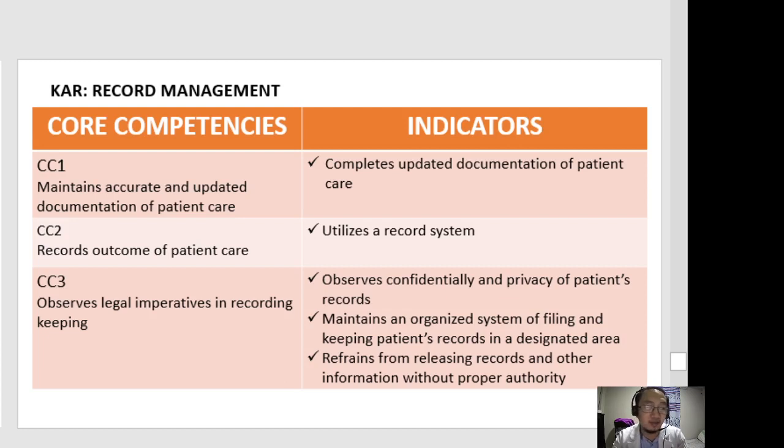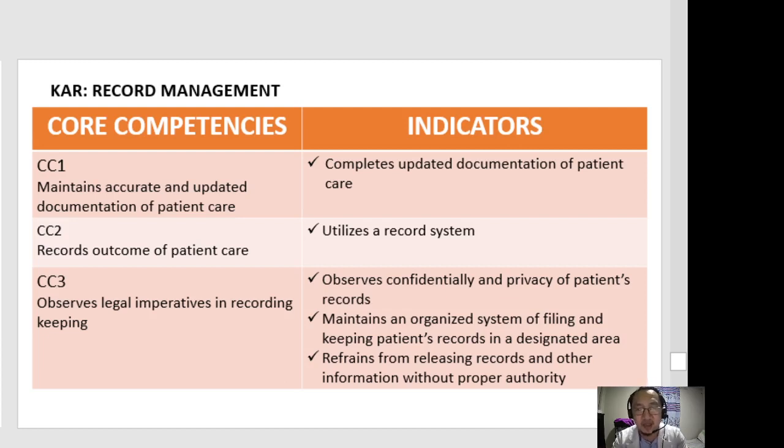When you do this, you usually write it in the chart. Remember that the chart should be held with all privacy. Though the information is from the patient, the chart, the paper of the patient, is owned by the hospital.